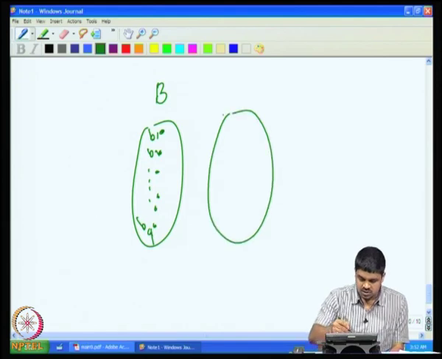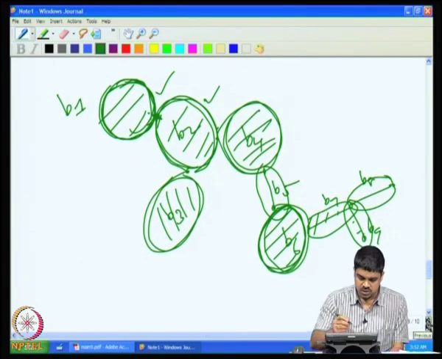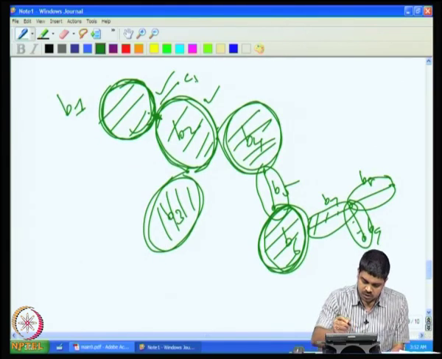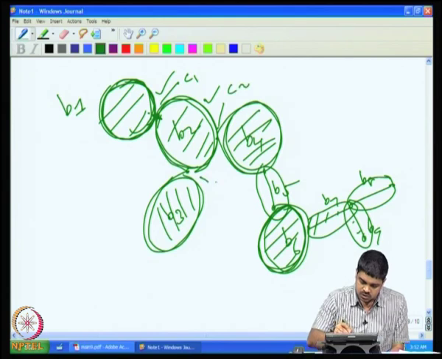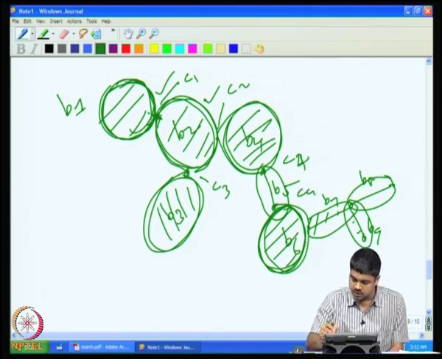and then on this side I can collect the cut vertices of the graph. So which are the cut vertices of this graph? Here this is C1, this is C2, this is C3, here this is C4, this is C5, and this is C6.